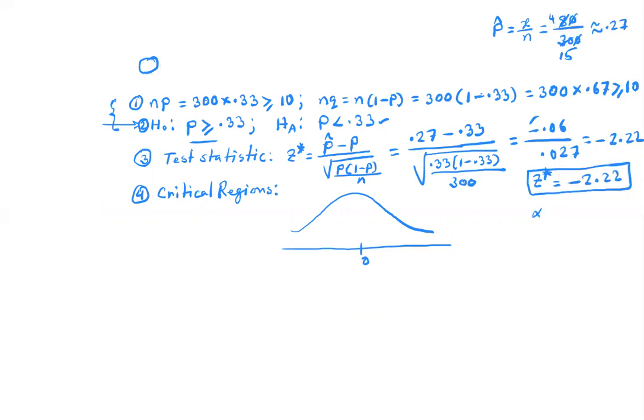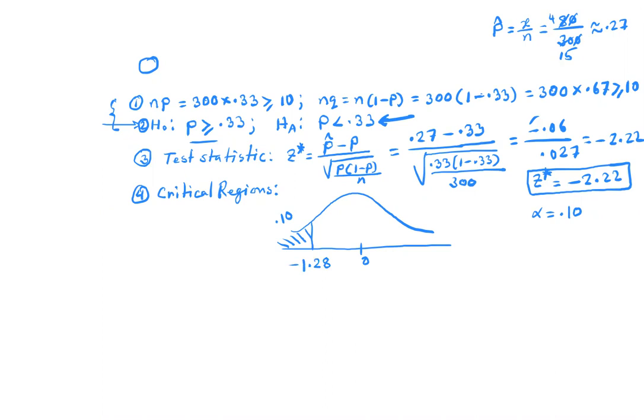Alpha is 0.10. So we are doing a left tail test because look, our alternative hypothesis is less than 0.33. So this area is going to be 0.10, okay? And this is going to be negative 1.28.